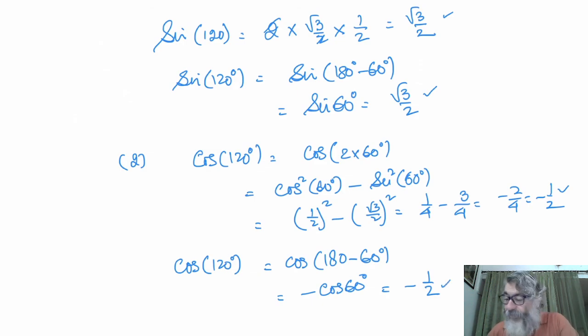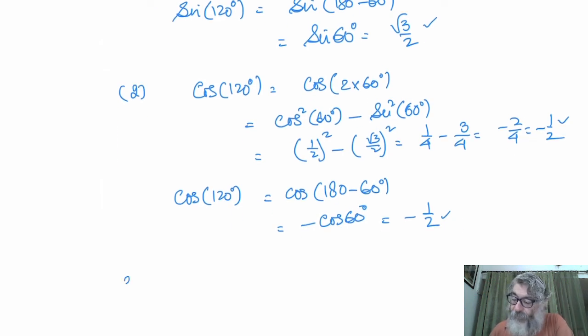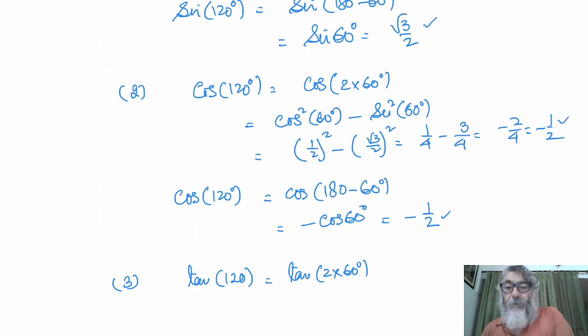Now let us calculate the value of tan 120, or tan 2 into 60. You can directly divide the value of sin 120 by cos 120 and you will get the value of tan 120. But let us use the formula since its purpose is to use the formula.